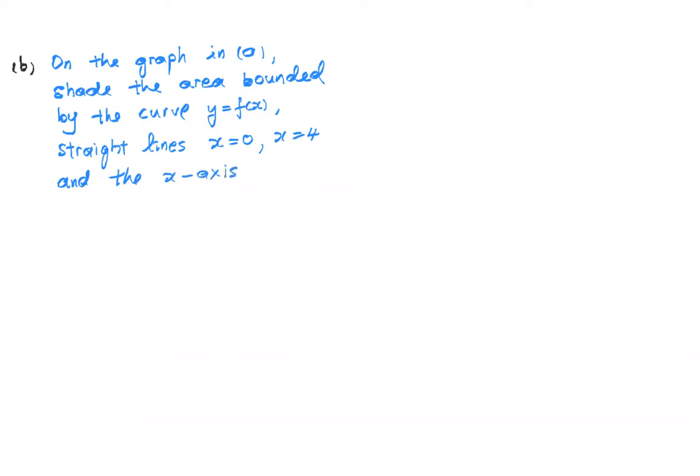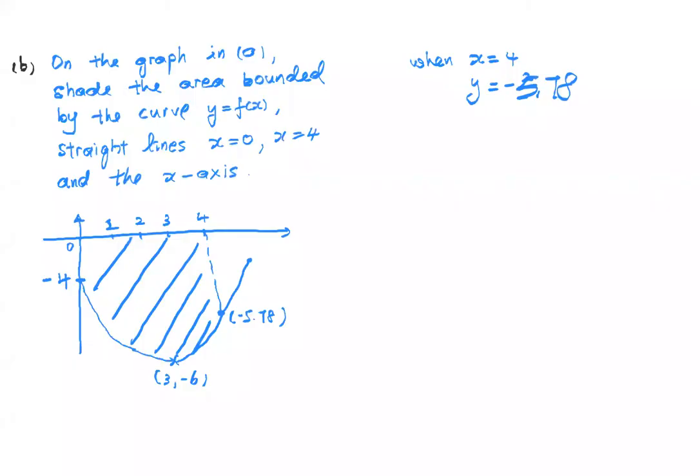Okay. Faster, shade the area. You get this area? Area bounded by the curve, straight line x equal to 0, x equal to 4, and the x-axis. Okay? Good.